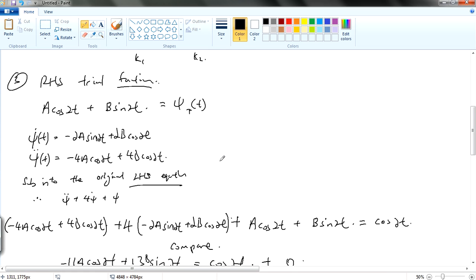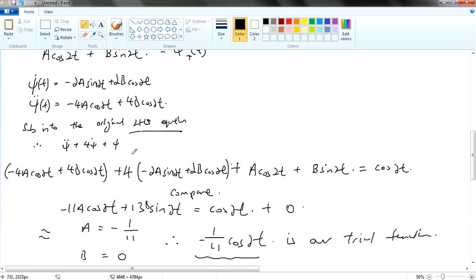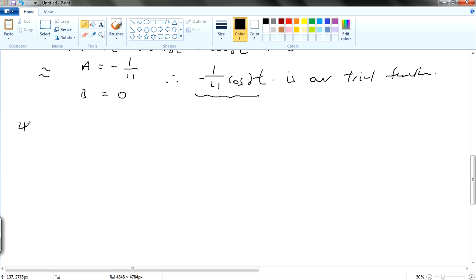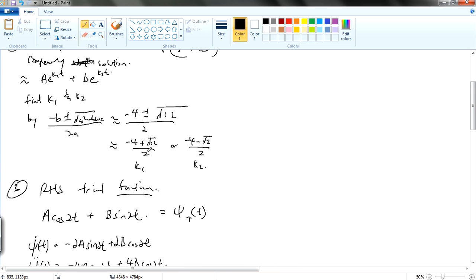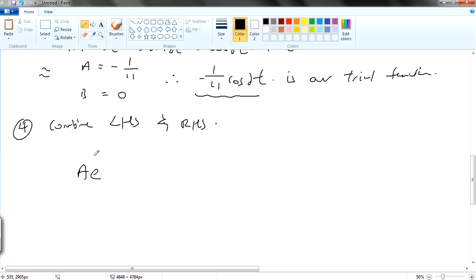Okay, and then when you put this back into this equation, now combine. So this step should be 4. So combine left hand side and right hand side. We'll have A e to the power of, which is a lot of things over here, minus 4 plus square root 2 over 2, plus B e to the power of minus 4 minus square root 2 over 2.